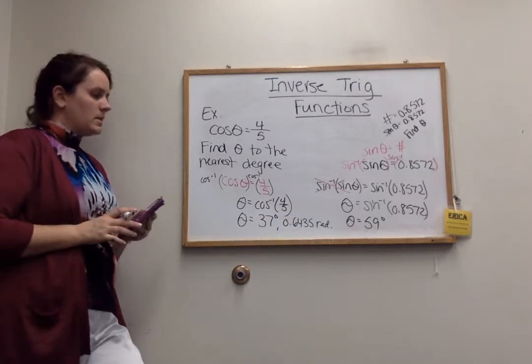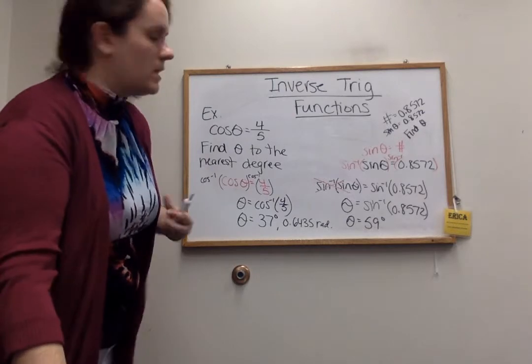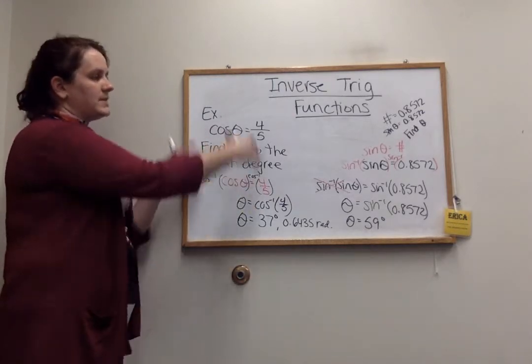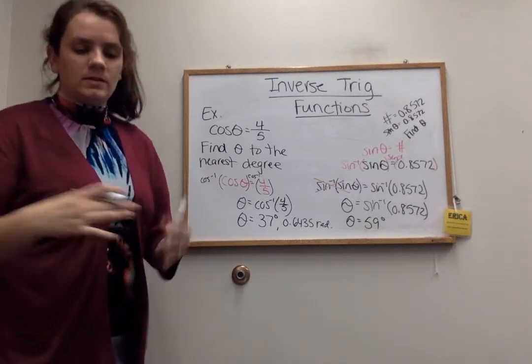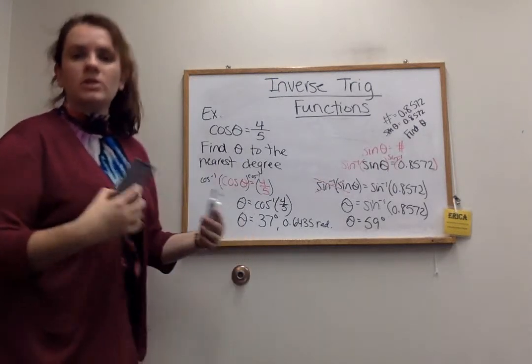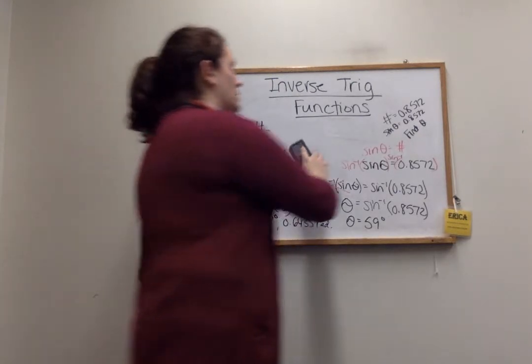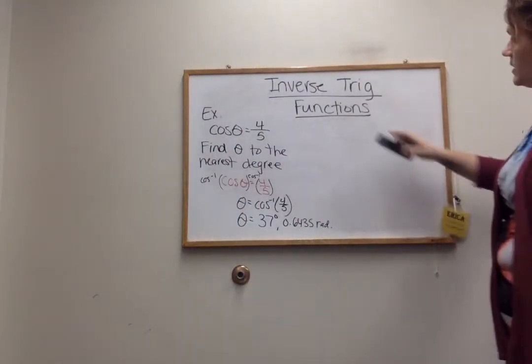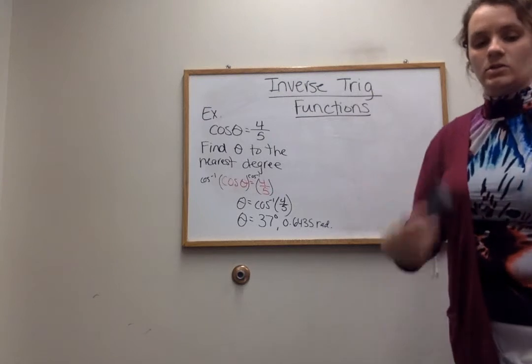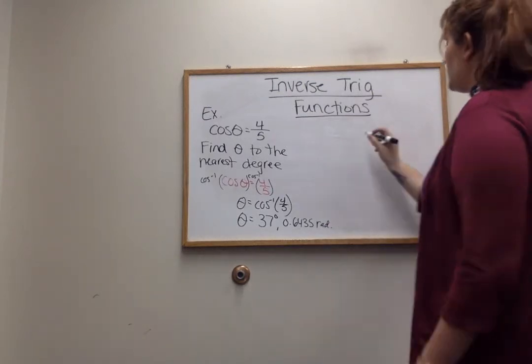Okay. So now that we've seen this idea of taking the sine inverse of both sides, or taking the secant inverse of both sides, whatever your trig function happens to be, right? In general, using an inverse trig function tells you theta.